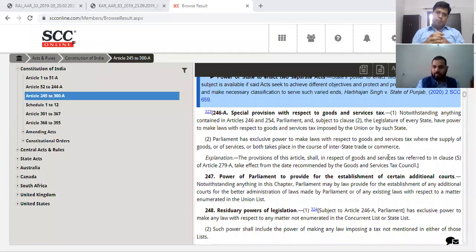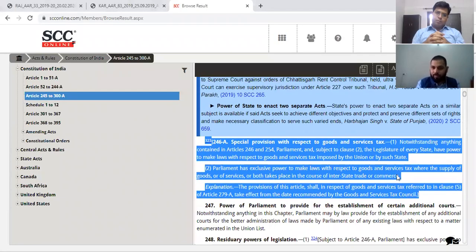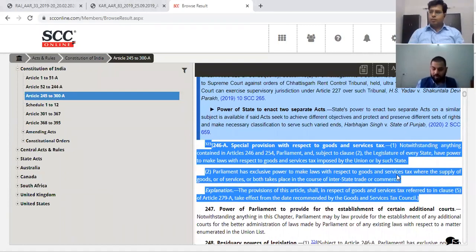So the first and foremost change that it's important to discuss is the insertion of Article 246A. So I'll quickly share the screen so that we all can read the article together. So I've highlighted the portion of Article 246A.